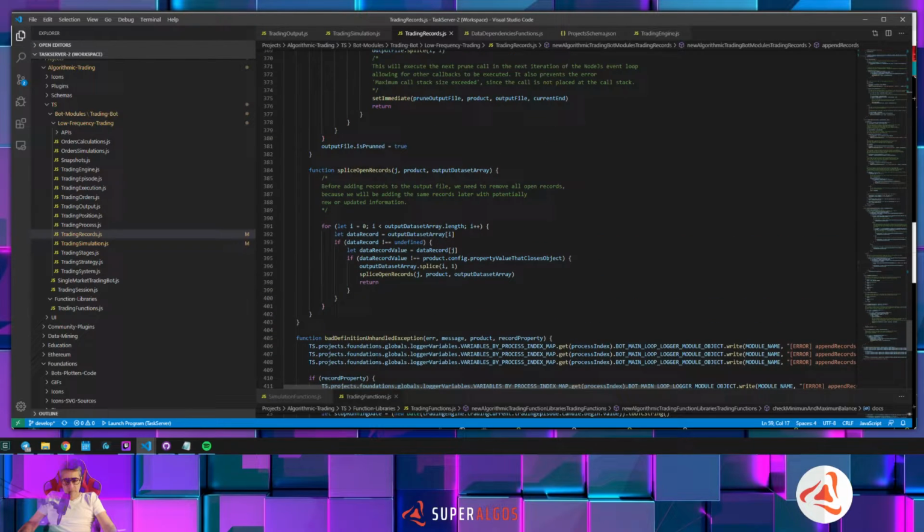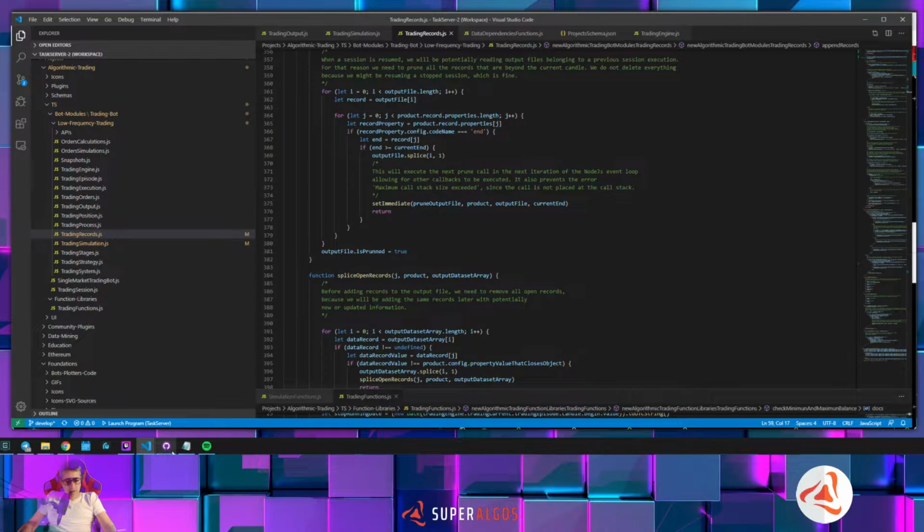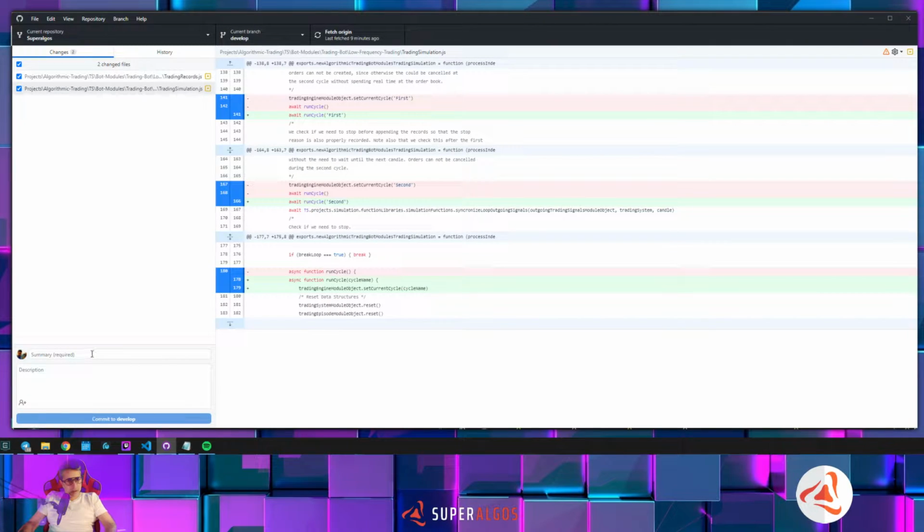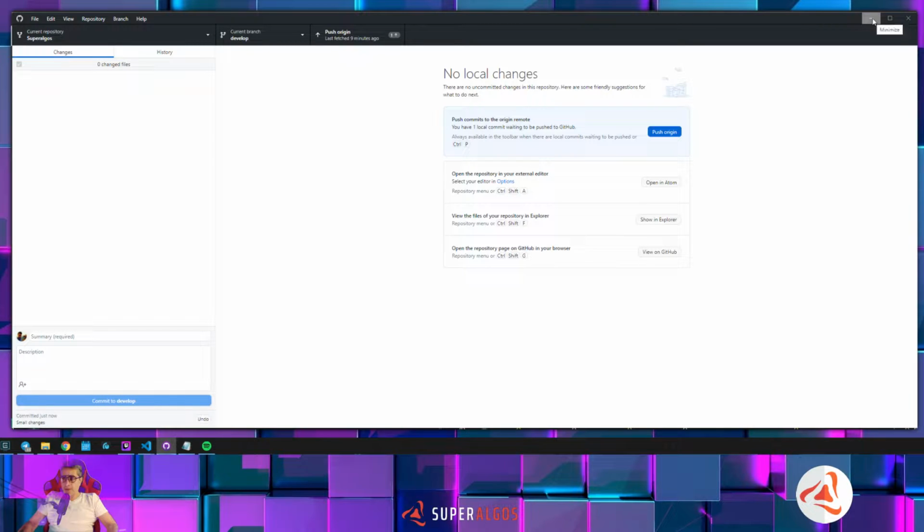Okay, so I'm going to commit these changes, small changes in case I have to roll back.